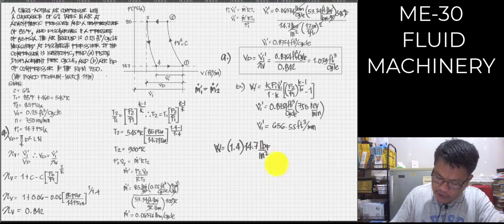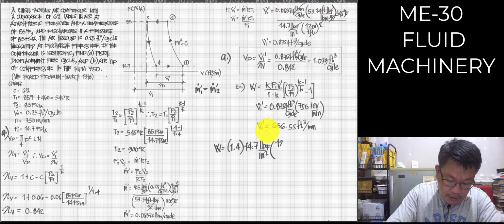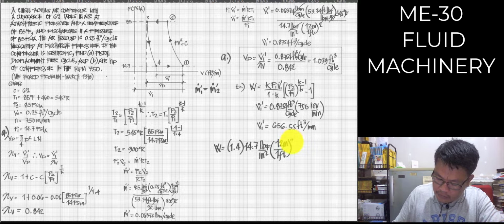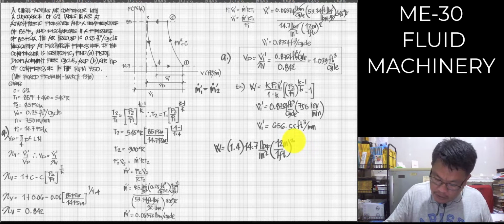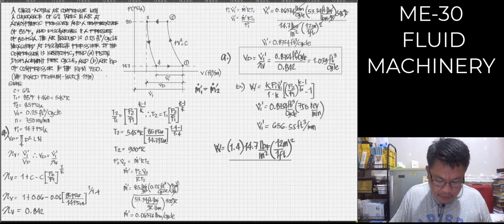I'm going to convert this, so 12 inches is 1 foot, squared. Then divide this by 1 minus 1.4.